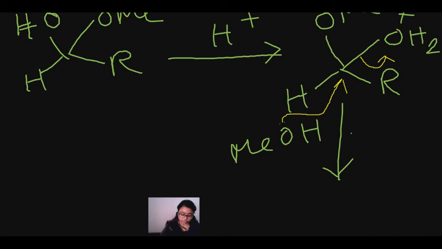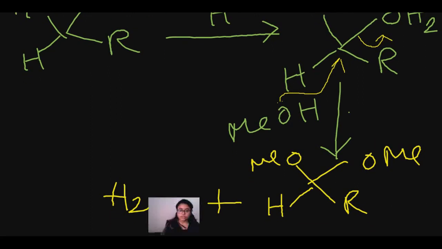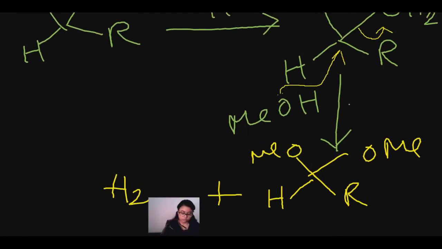Now we will get H, R, OMe and OMe, and water leaves here. Now you can see this one can be called acetal.